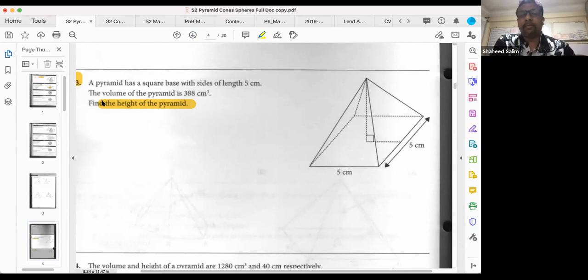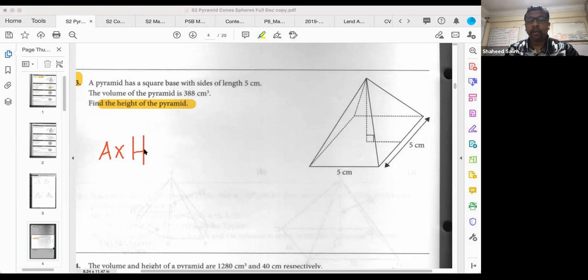So 1/3 it. 1/3 is divided by 3. For those of you who have forgotten, I'm just going to write the formula here: base area times height divided by 3 equals volume. You must use this. Push it around until you get H. Then you can find what H is.